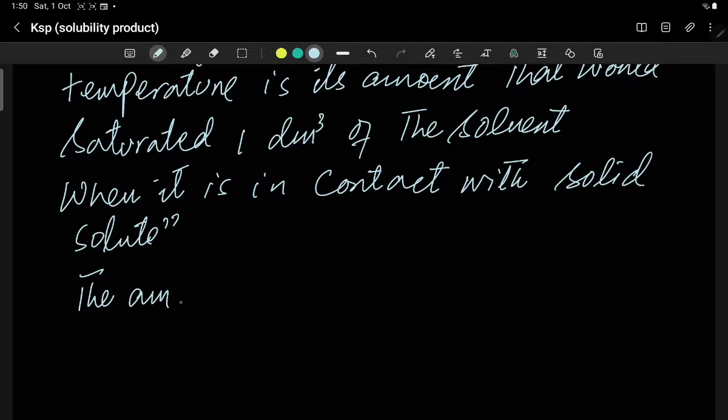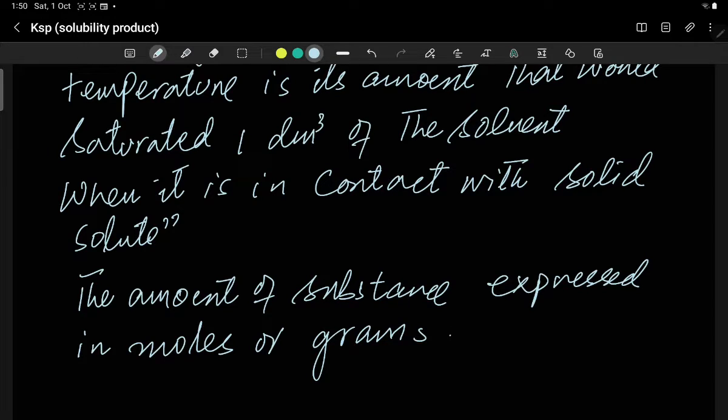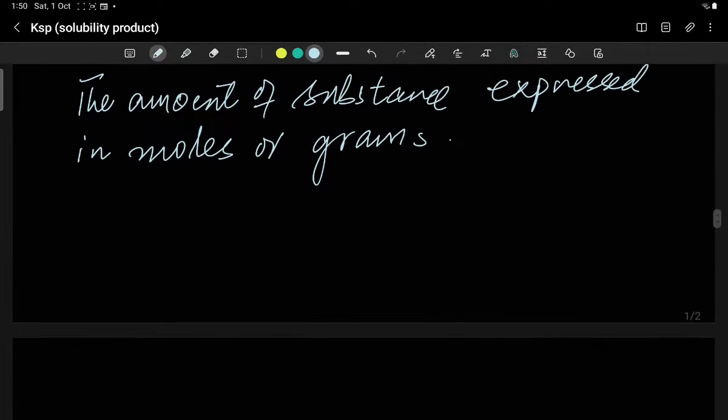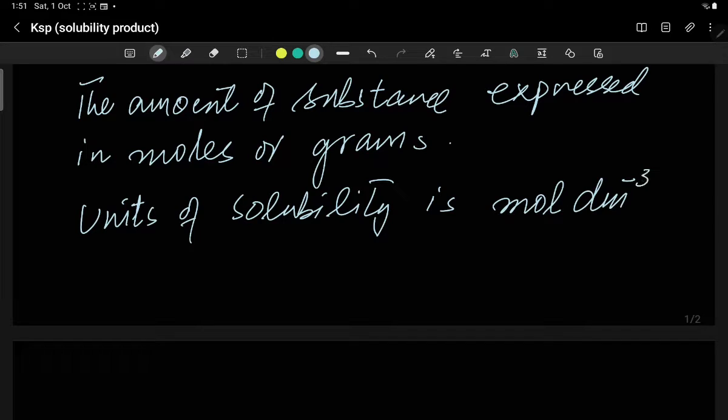Hence the units of solubility are mole dm inverse cube or gram dm inverse cube.